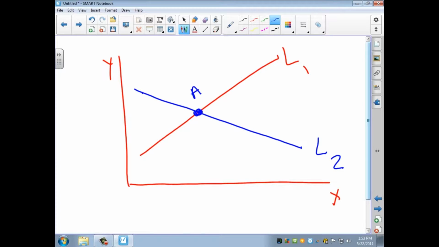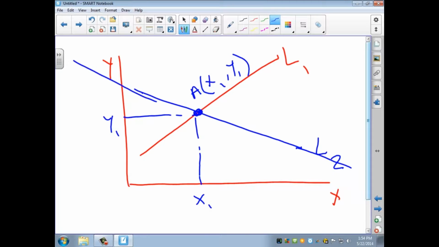Again, A has coordinates of, say, x1 and y1. So that point with the coordinates of x1 and y1 would be in common between the two lines. And that's the only place, by the way, they cross each other. Since they are lines, they will go away from each other as they continue. So the only common point that they would ever have is this point A.